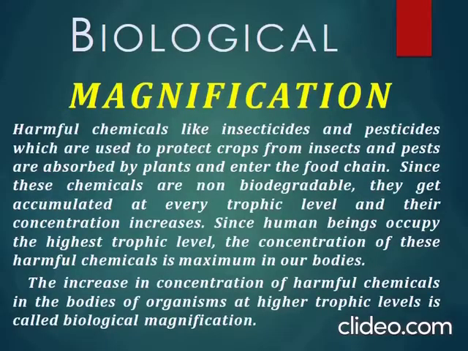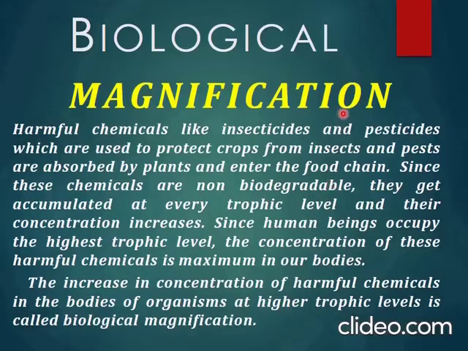Now the next topic is biological magnification. Now what is biological magnification? This is a phenomenon that involves a progressive increase in concentration of harmful non-biodegradable chemicals at different trophic levels in a food chain.